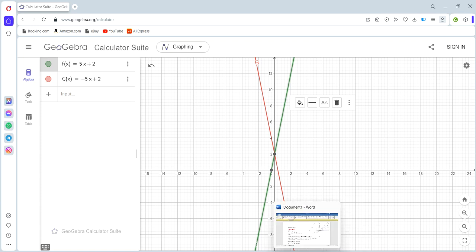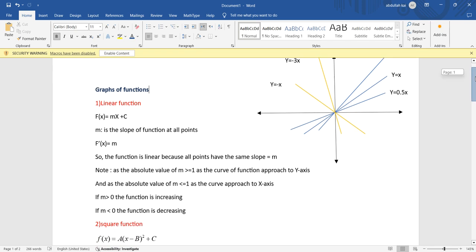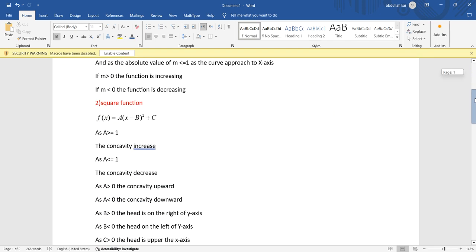Let's get back to our topic. The second function I will discuss is the square function. F of x equals a, where a is the coefficient of the square function. C is the head point, and B is the shifting point from left to right.